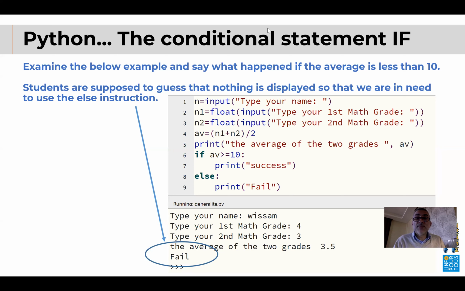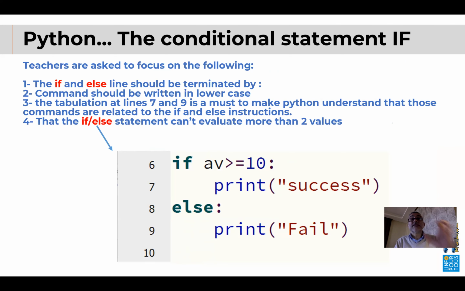And always remember to tell the students that the if is case sensitive, and this slide will explain in a detailed way that the if and else lines should be terminated by the 2 points. Commands should be written in lowercase.